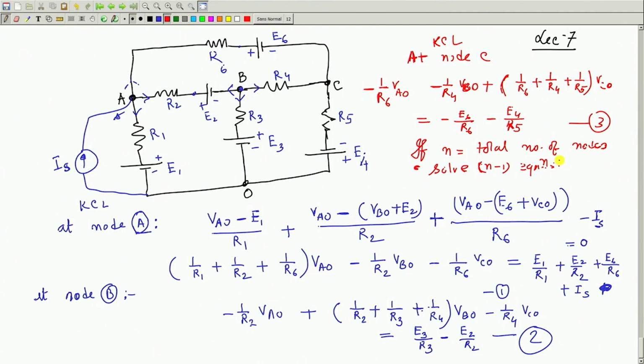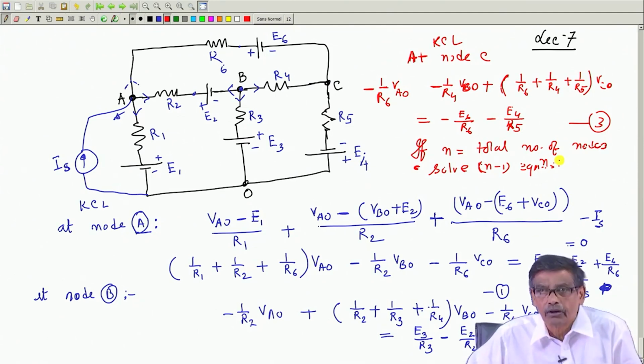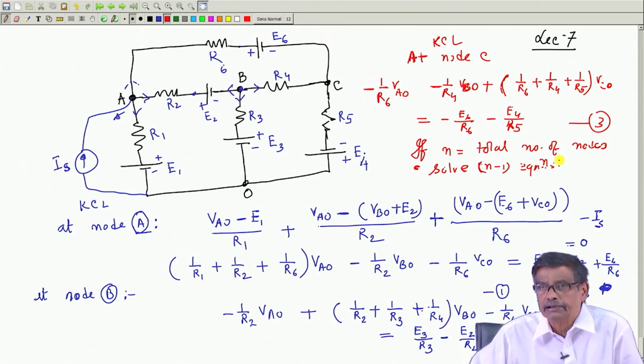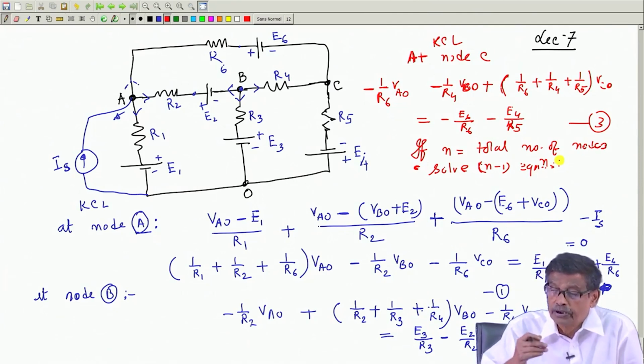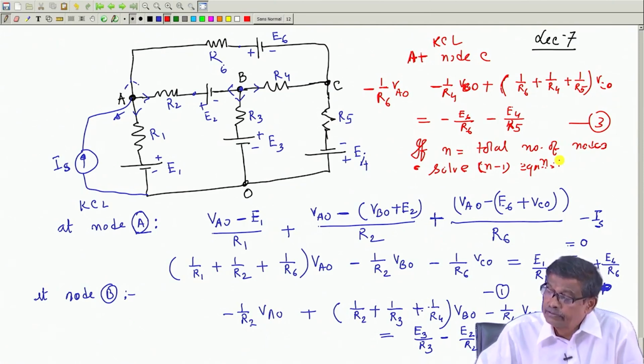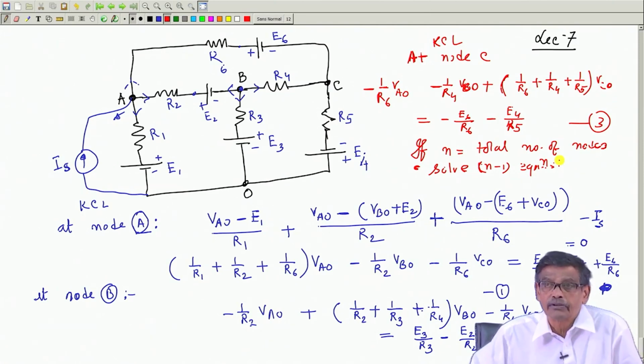Now, in mesh analysis, the number of equations to be solved in general is equal to the number of meshes present in the network. What is a mesh? We know. The number of equations to be solved, if you want to adopt the nodal method, is n minus 1, where n is the total number of nodes.